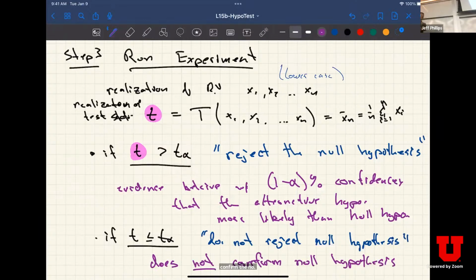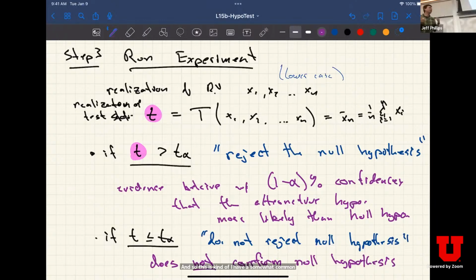You should not claim something like, okay, I ran my hypothesis test and I determined that t was less than t alpha, so the null hypothesis is true, that Utah is the same average height as the rest of the US, right? I've not done that. This is a somewhat common mistake to make.